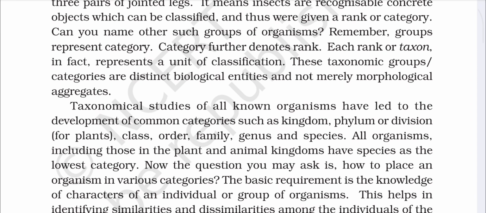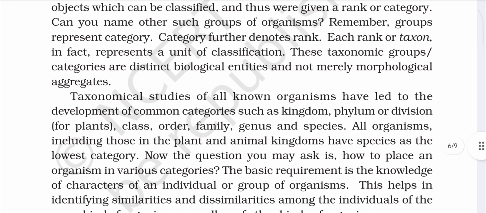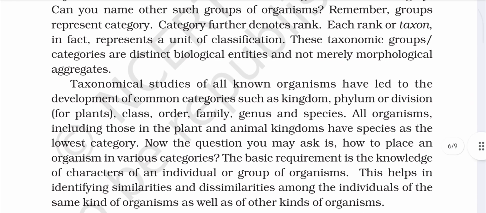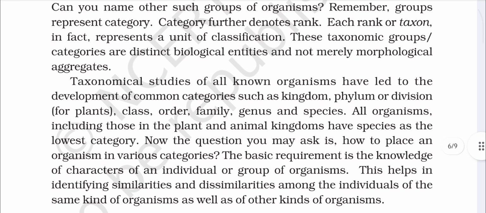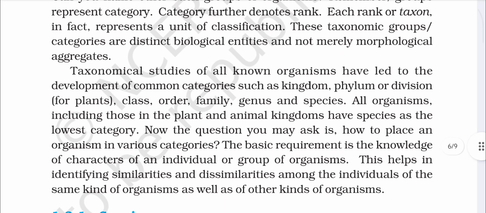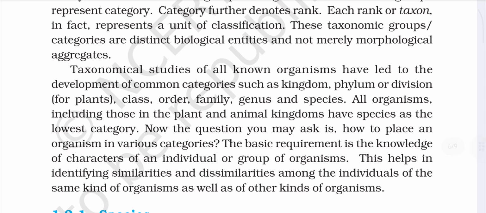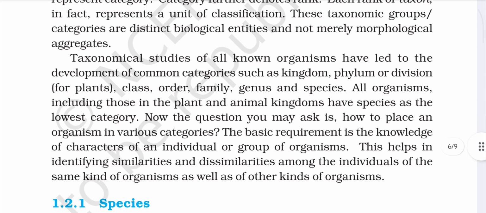Remember, groups represent categories. Category further denotes rank. Each rank or taxon, in fact, represents a unit of classification. These taxonomic groups or categories are distinct biological entities and not merely morphological aggregates.